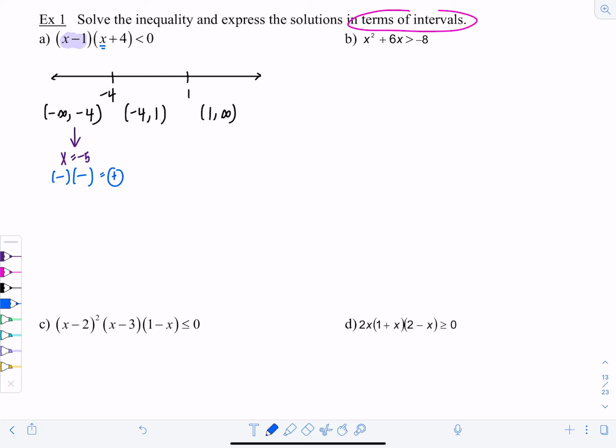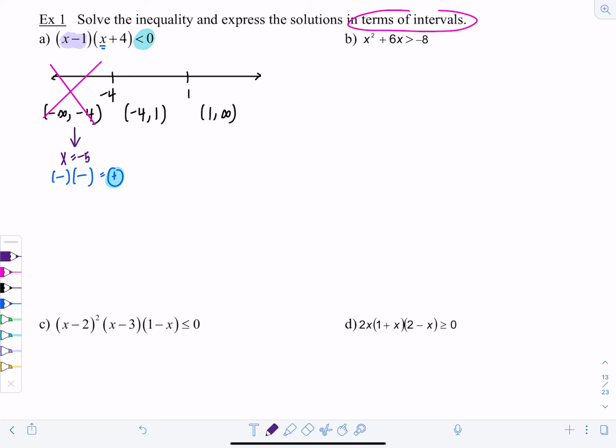Now ask yourself, is this a true statement? Will this satisfy the inequality? Are positive numbers less than 0? No, they are not. So that means nothing in this interval will work. You only have to test one value, and it's basically the representative value for everything within that interval.